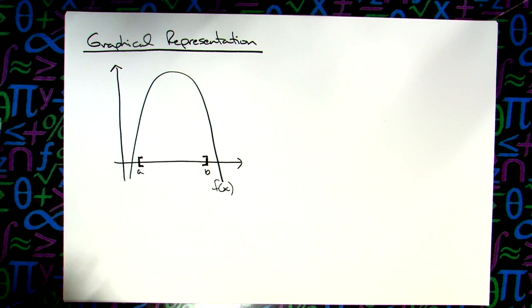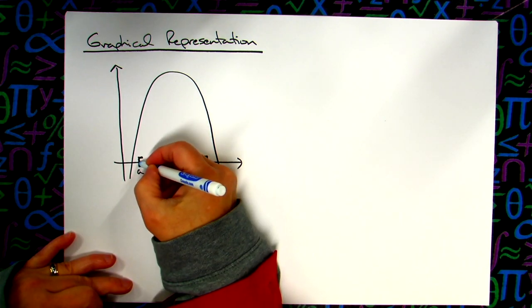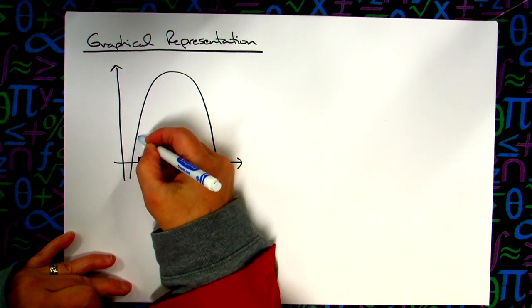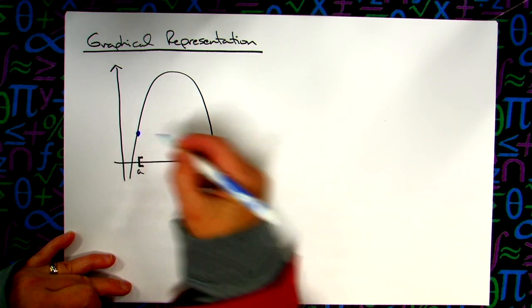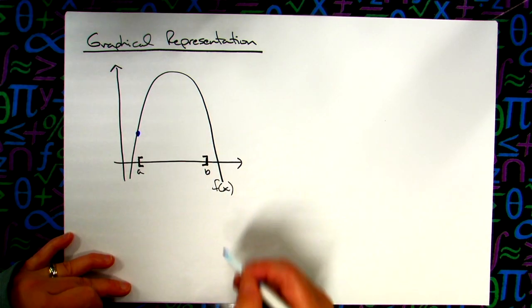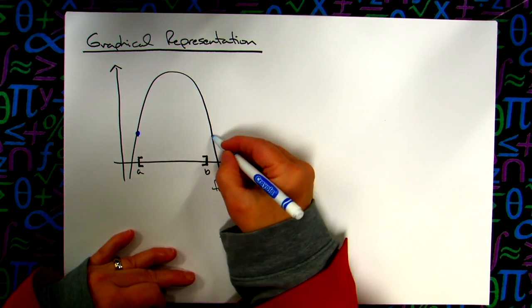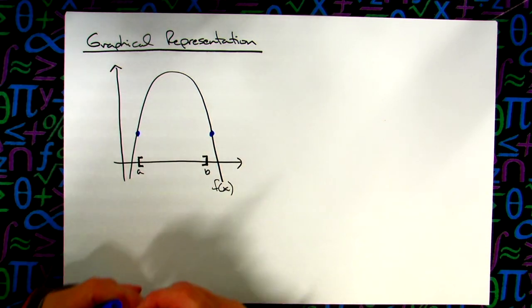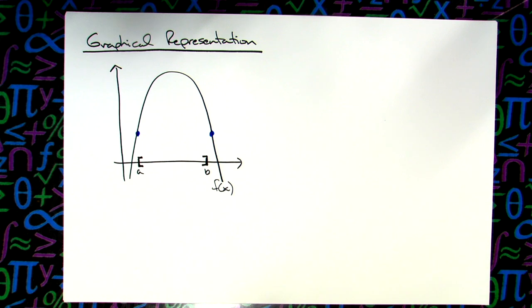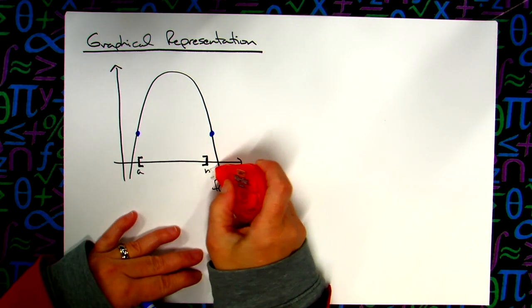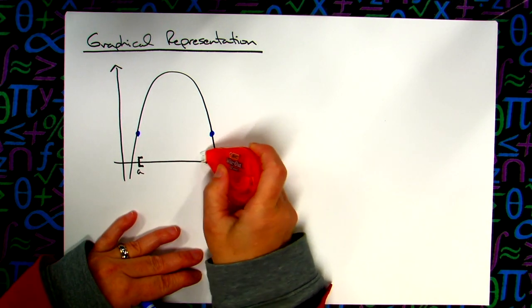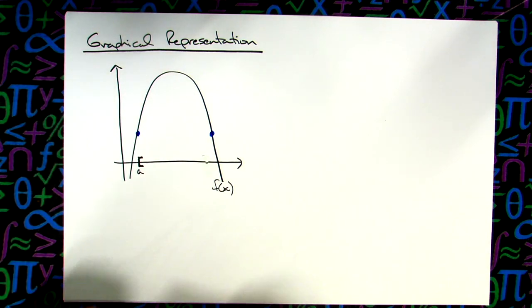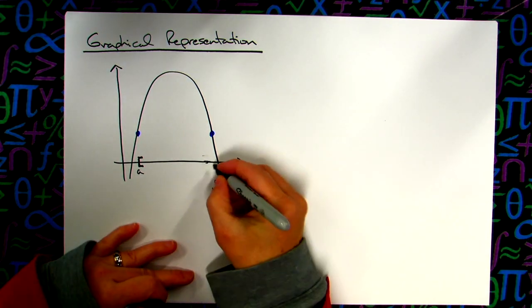So for f of a, we'll come up until we hit the curve, right there. On b, we'll come up. I didn't do a very good job drawing my picture, so let's move b over a little bit. I'm trying to set it up so it works, so let's make sure our b is over here a little bit.